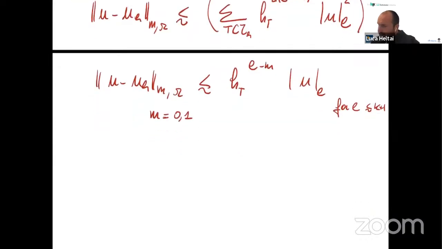And now, if you look at this for the case of smooth functions, and you try to estimate this with respect to the number of elements, this becomes something.